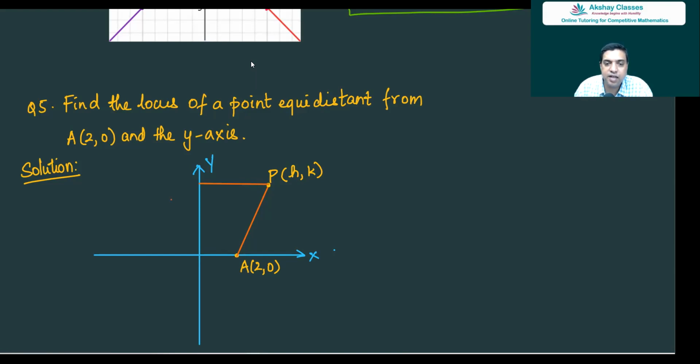So PA, and let's say this is PM. P can be anywhere, but the distance will always be equal.